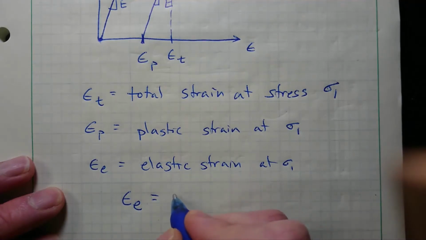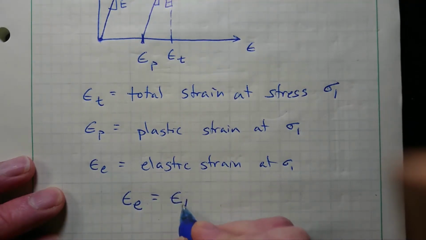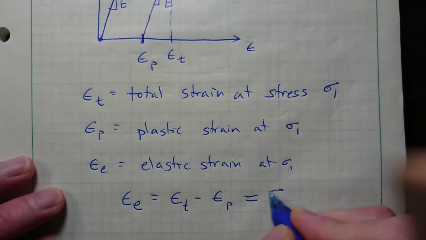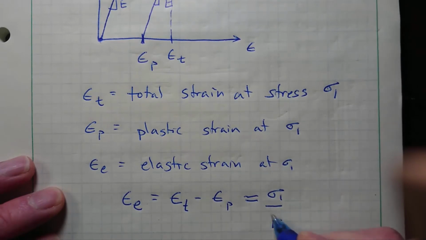So epsilon E is epsilon T minus epsilon P, and should be about equal to sigma 1 over E.